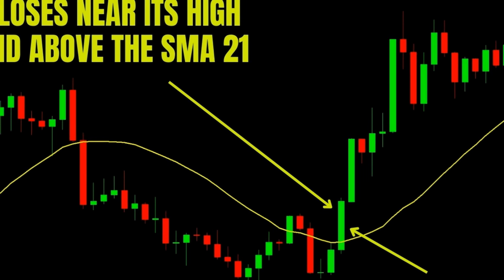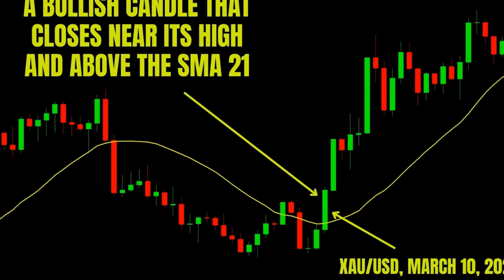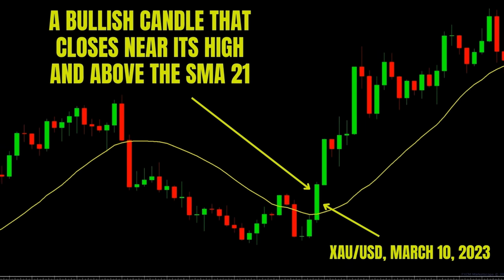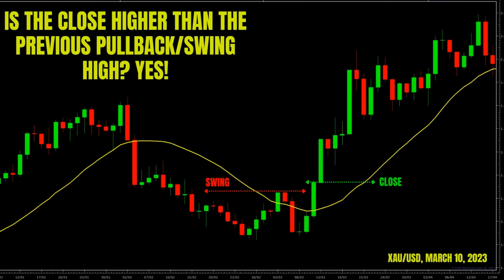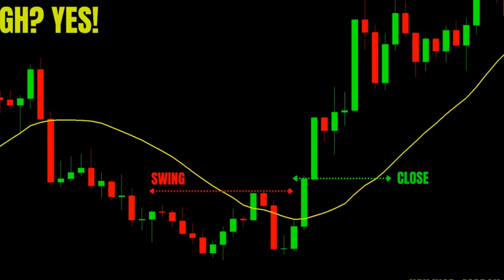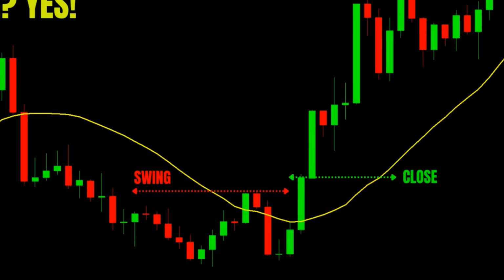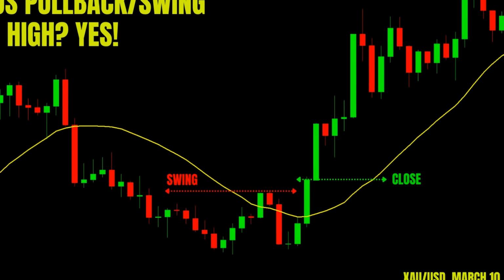Crucially, it closed above the SMA 21, indicating the momentum shift from the previous downtrend. Next, the key confirmation. Did the close break the previous swing pullback high? Yes, it did. The candle broke the last major high on the left, which clears the structural resistance needed for a new rally to begin.